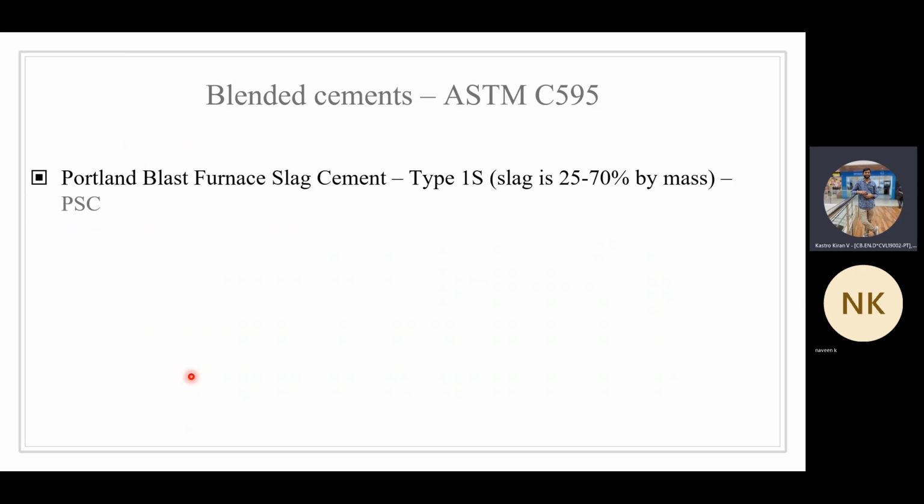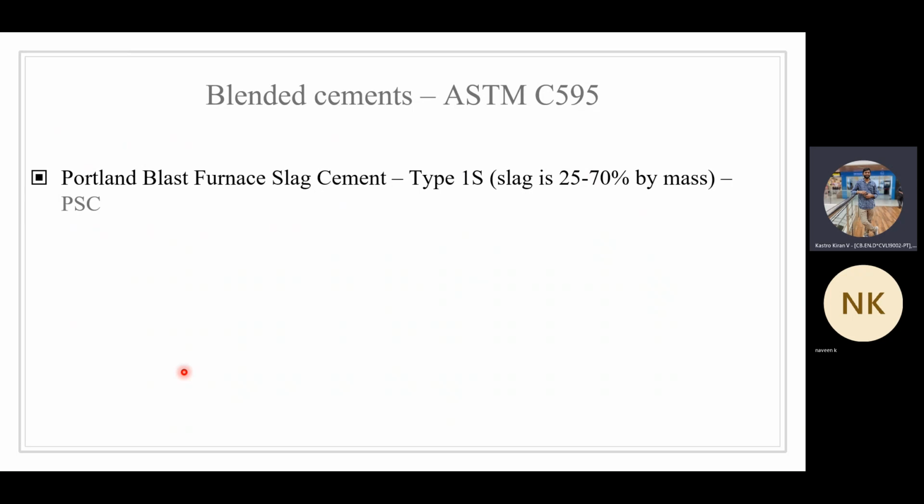If you remember the mineral admixtures available in the market, we have silica fume, ground granulated blast furnace slag, rice husk ash, fly ash, and a couple of other things also. When you mix a cement with mineral admixtures, such cements are called blended cements. Blend means mixing of one or two different materials in the cement.